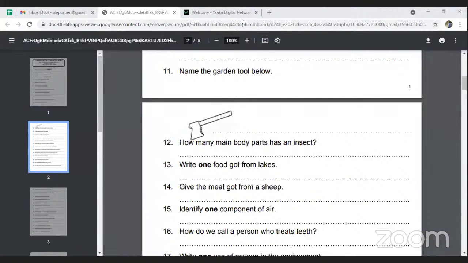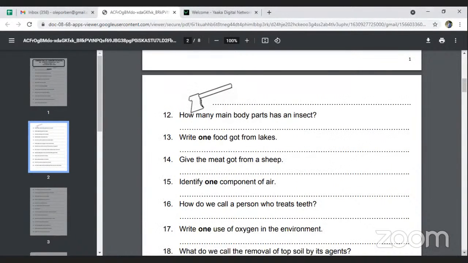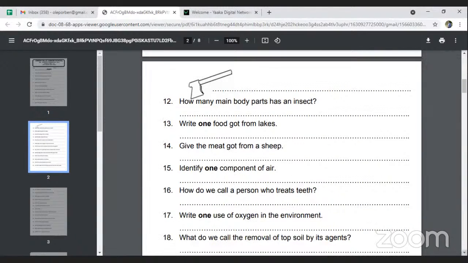Number 10 is on what? Mine has gone on number 2. Auntie, this is number 11. The teacher has just gone to the next page. Oh, but I can't see. You just see the screen there with the diagram.